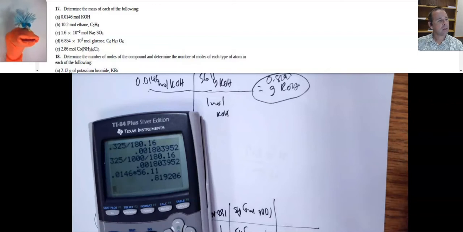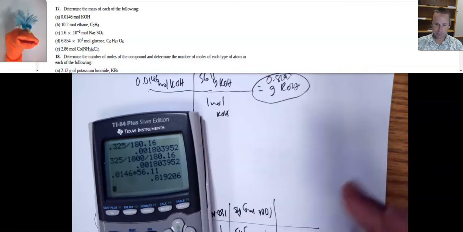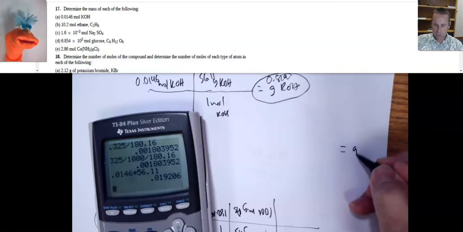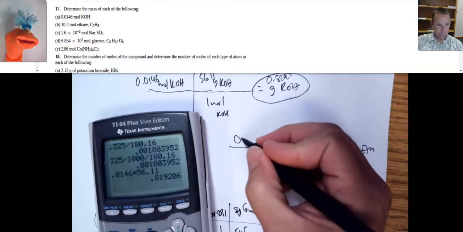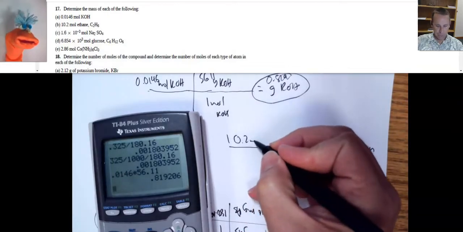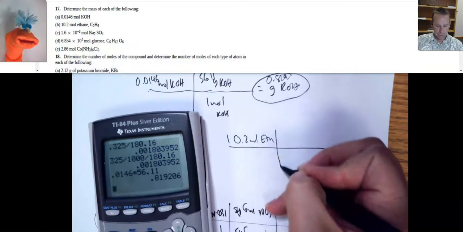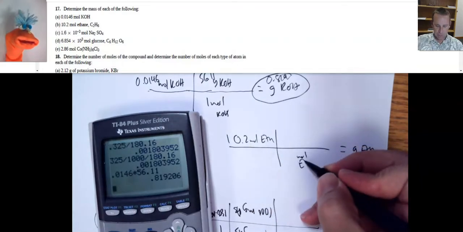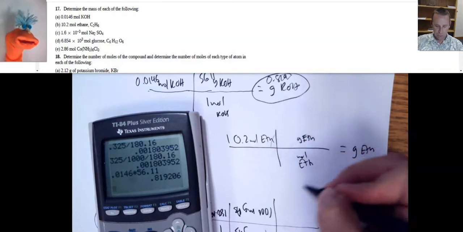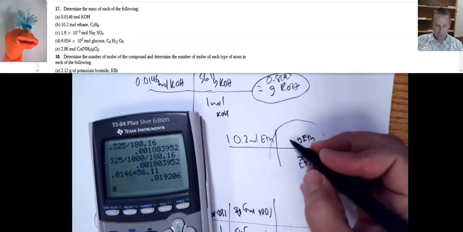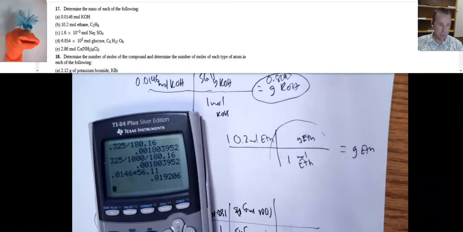All right. 10.2 moles of ethane. I would like to know grams of ethane. I'm starting with 10.2 moles of ethane. I need moles of ethane on the bottom and grams of ethane on the top. So grams per mole, 1 mole is how many grams?